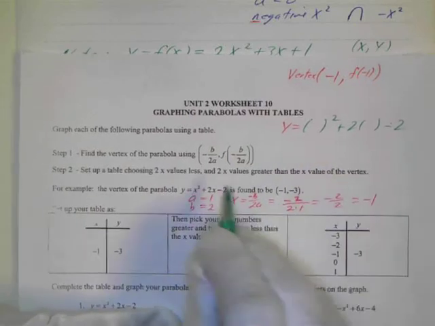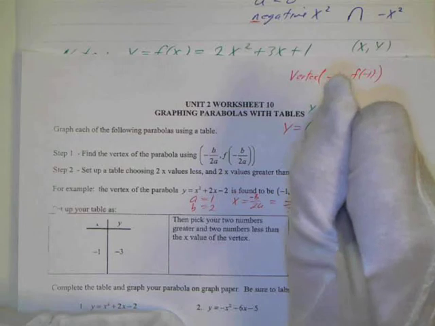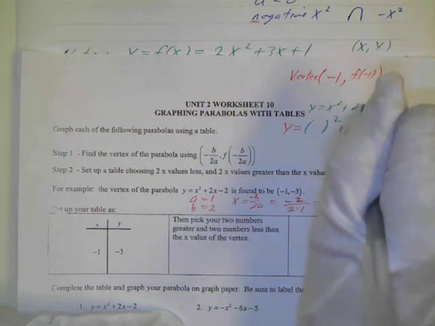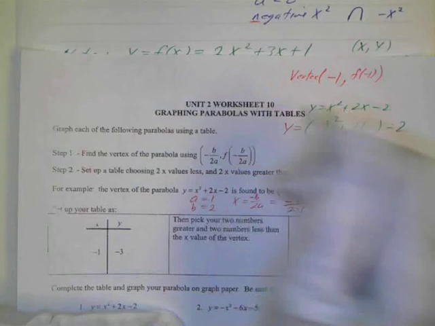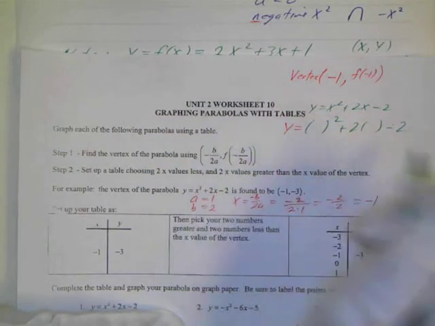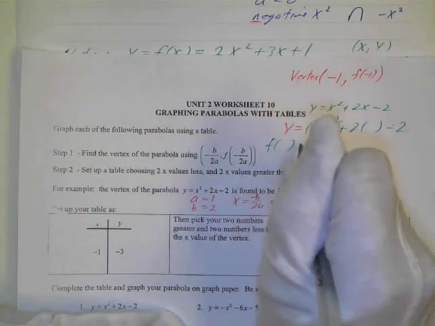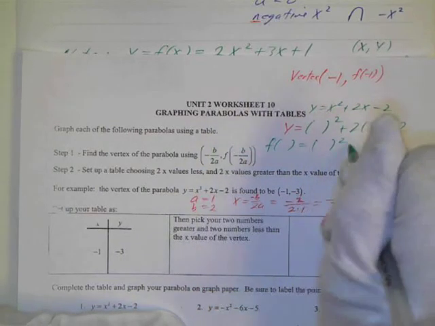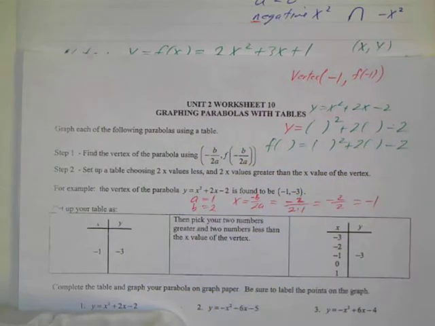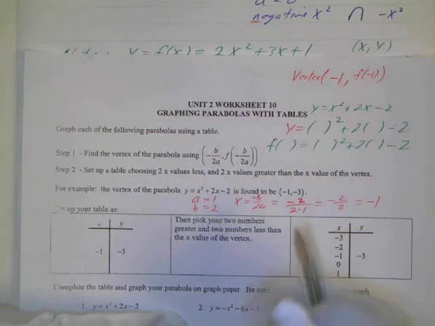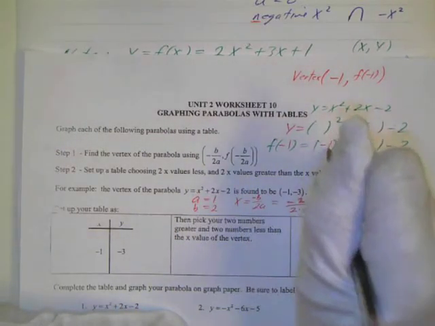So you could write it like this: y equals x squared plus 2x minus 2, and then it's just open like this. And then we could say f of x, or f of something, and I want to find f of negative 1. So I put negative 1 here, and every time I see an x, I'll put a negative 1.